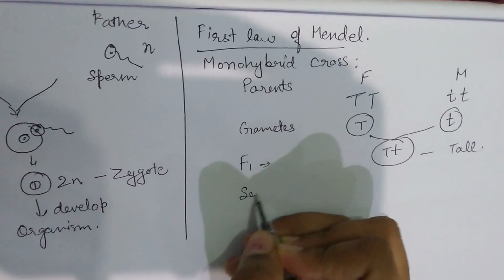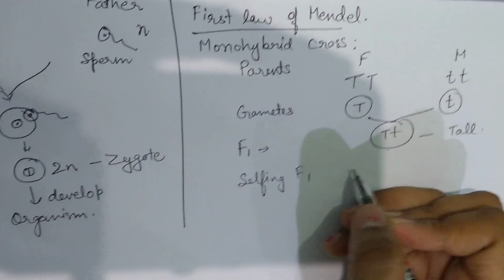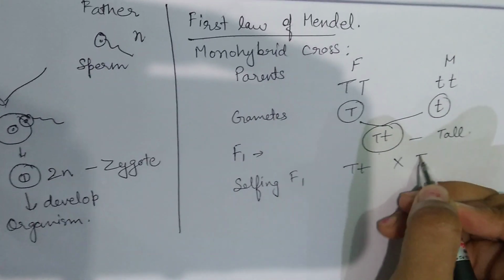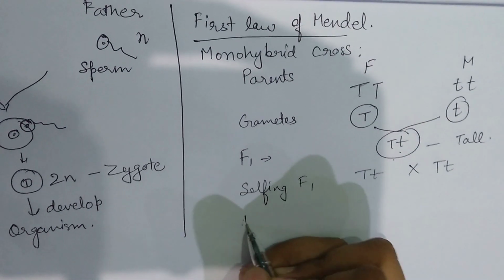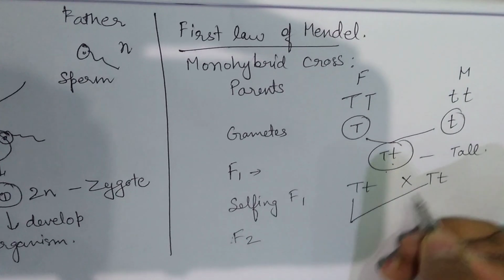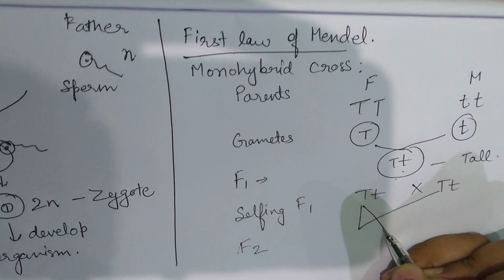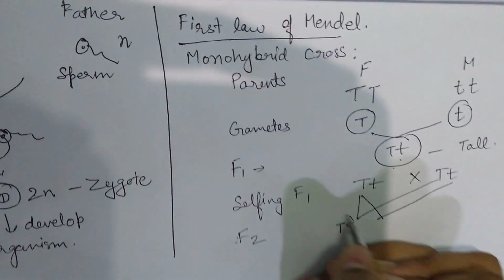Now, by selfing the F1 generation, we self cross the F1 offspring and get the F2 generation, and this will result in the formation of different kinds of results.